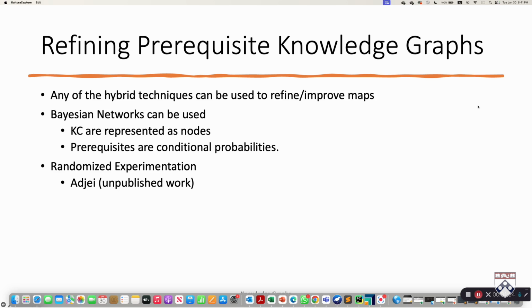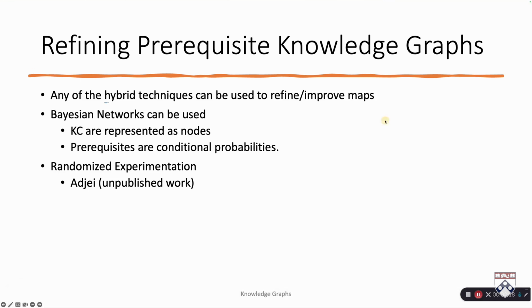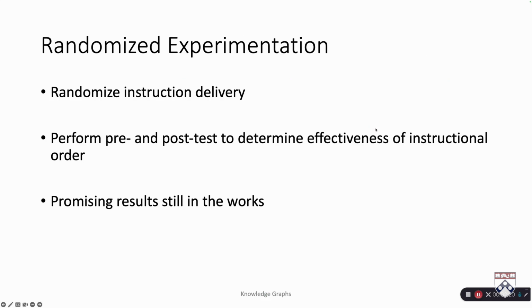I've been working on randomized experimentation where you take an existing knowledge graph and then you figure out whether you can change the order in which the knowledge graph suggests students to learn the components, and then figure out using a pre and post test whether the students actually did better choosing one route or the other. So again, just remember, you just randomize the instruction and then do a pre and post test.